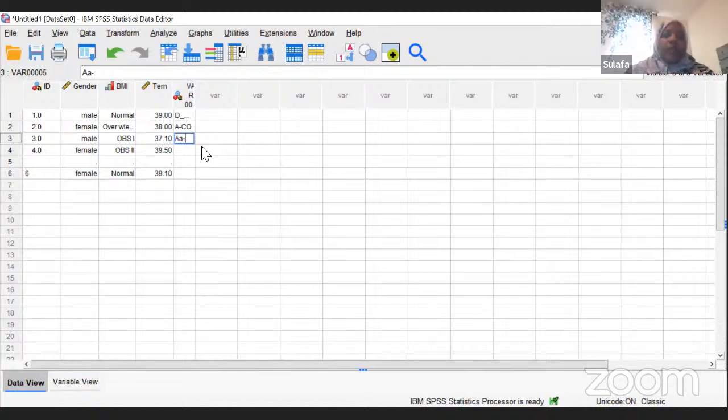Austin, Texas. So don't judge me on that, I don't know the codes for Texas. We'll write the city for all the observations: Denver, Colorado, Colorado, and here also Denver, Colorado.